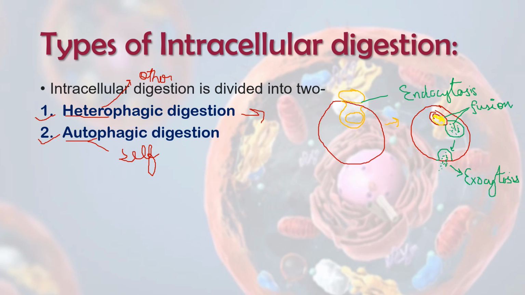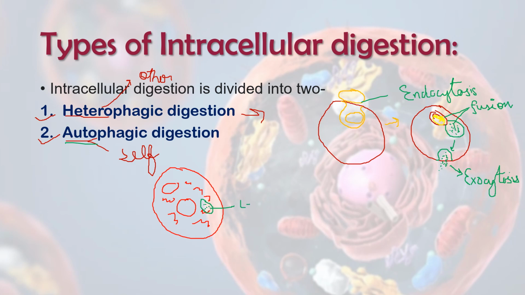Now the next is autophagic digestion. The lysosome digests its own internal molecules that are non-functional or infected. We already discussed that inside there are so many cytoplasmic organelles that may be infected or non-functional, and they are digested with the help of lysosomes. So this type of digestion is known as autophagic digestion.